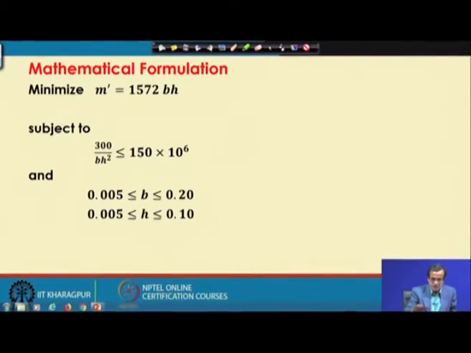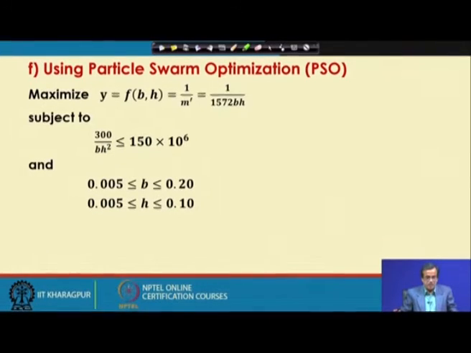Now, this is a minimization problem, but in principle the particle swarm optimization can solve a maximization problem, and that is why this problem has been rewritten in the form of a maximization problem like this: maximize y equals a function of B and H, which is nothing but 1 divided by M prime, that is 1 divided by 1572 multiplied by B H, subject to the developed stress being less than or equal to 150 multiplied by 10 raised to the power 6, and B and H lying within their respective ranges.